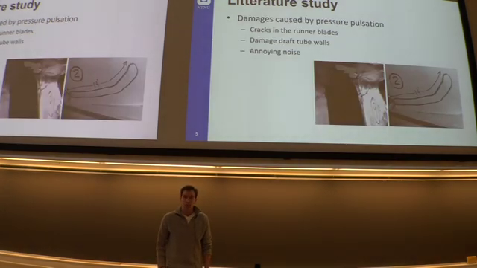If the pressure pulsation of the RSIs is close to the natural frequency of the runner, it can cause cracks in the runner blades, as you see here in this picture.